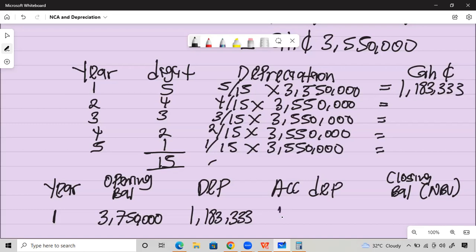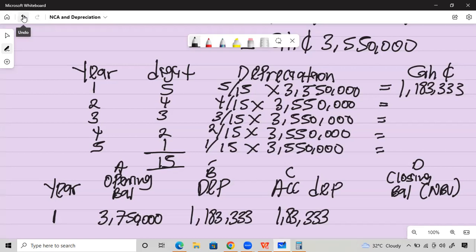Now, for us to get the closing balance, let's say this one is A, this one is B, this one is C, and this one is D. For us to get this D, hold on, let me clean this.